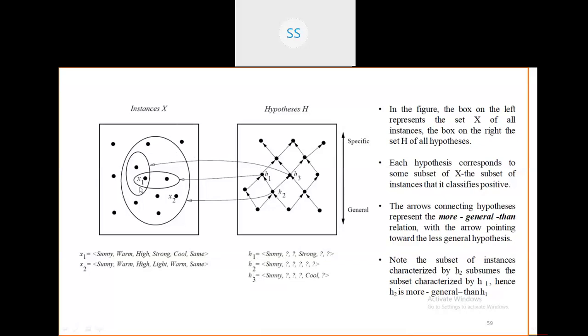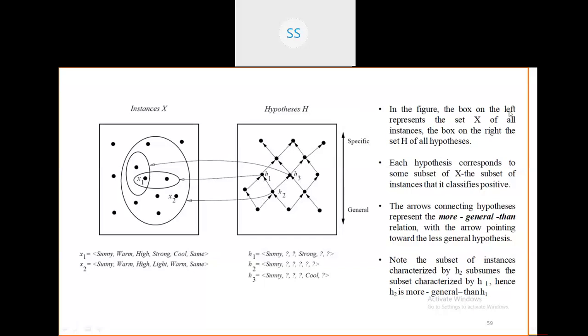That is how the instances work. We have X1 and X2 here, and H2 is going to accept both of them, whereas H1 is going to accept only X1, and H3 is also going to accept only X1. That's why H2 is more general than H1 and H3.